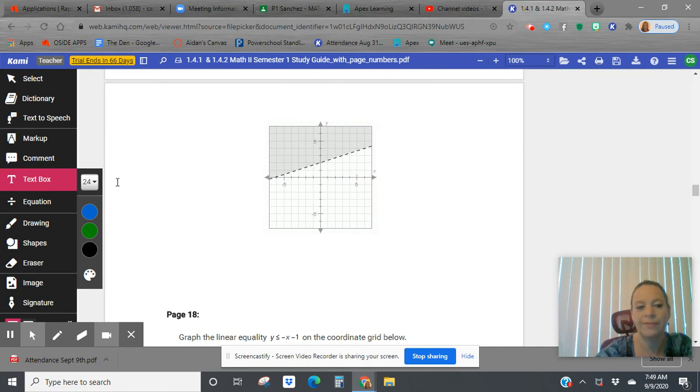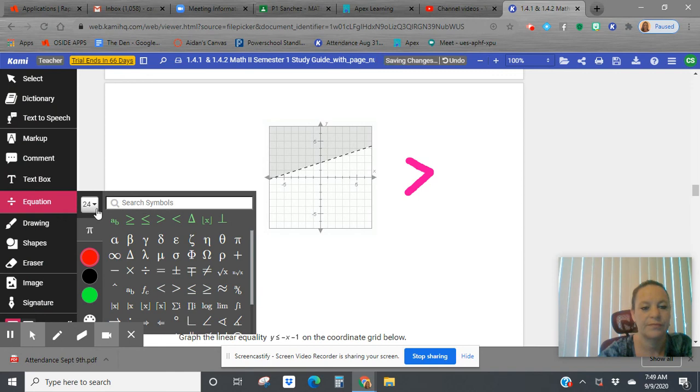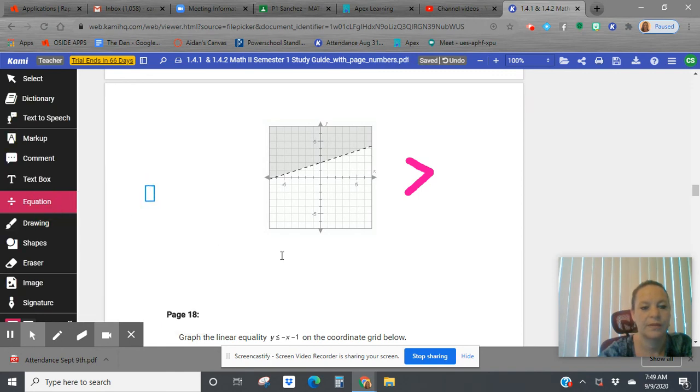Looking at this one, I see a y-intercept of 2, and I see that it's dashed and shaded up. So when it's dashed and shaded up, this is going to be a greater than. So going to plug in my inequality equation.